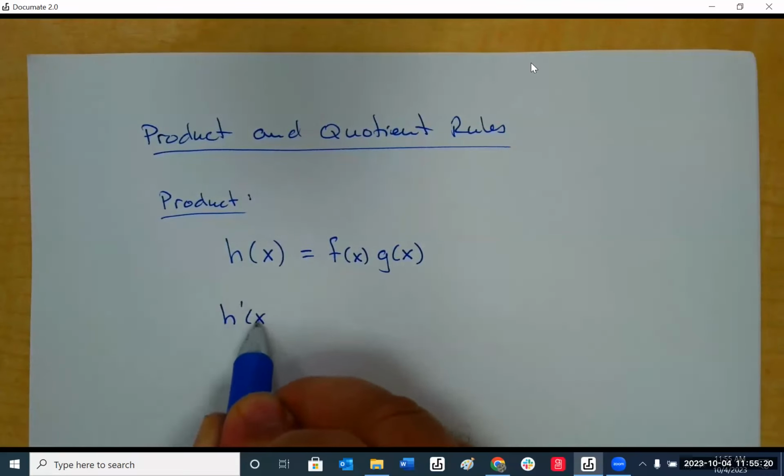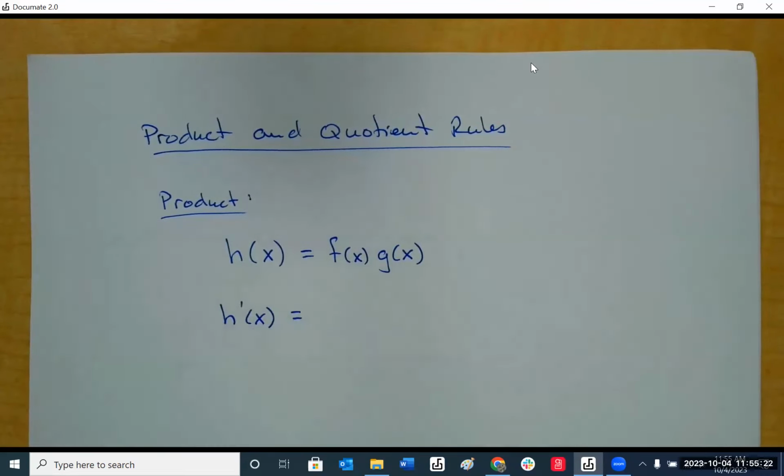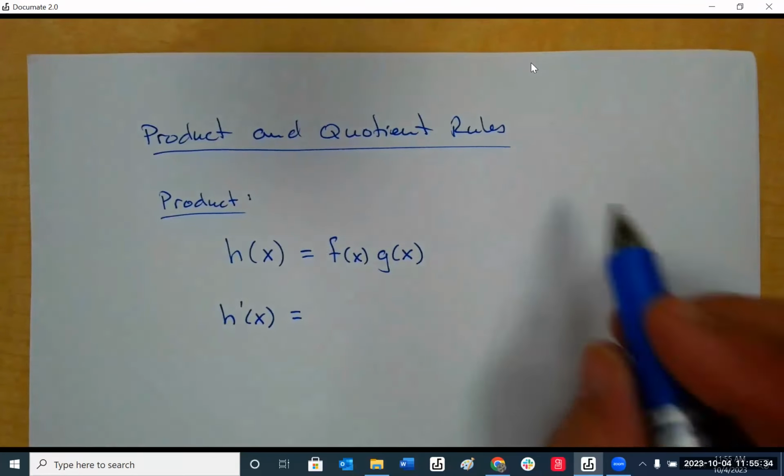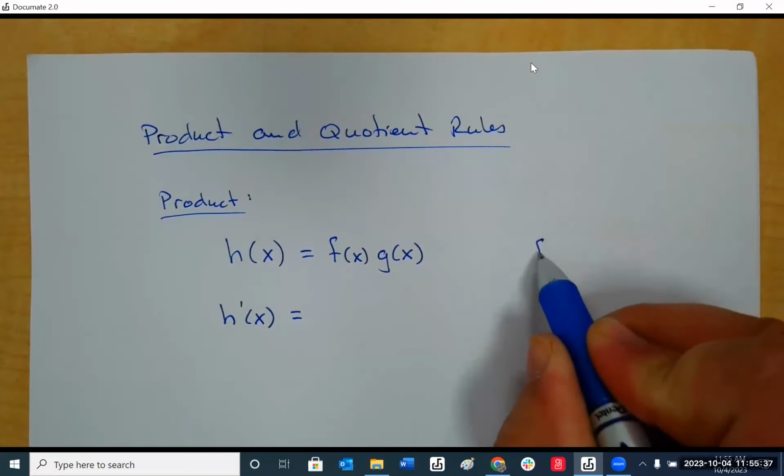What would be the derivative of our main function? A lot of people try to make you just memorize the formula, but they get confusing after a while. Here's the way I always do it.